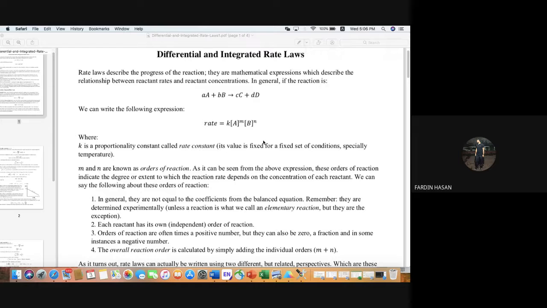Okay, zero. And if it is second order in terms of reactant B, then the power of N is equal to two. Great.